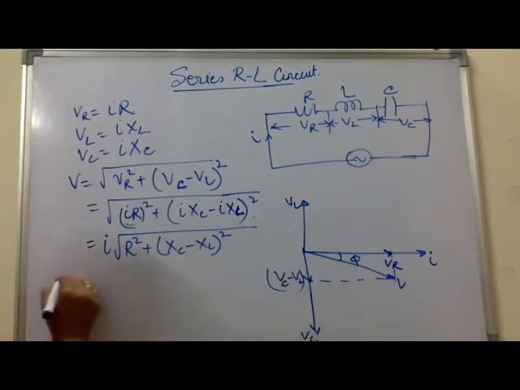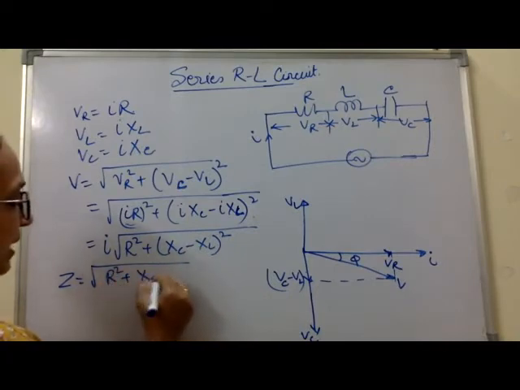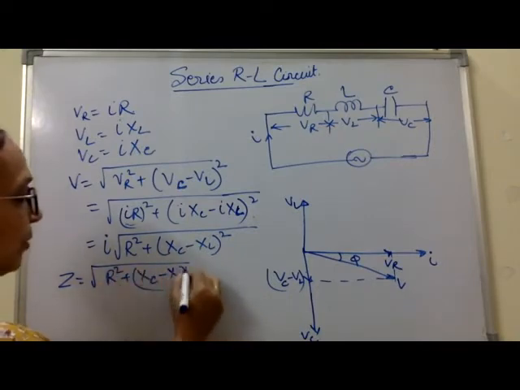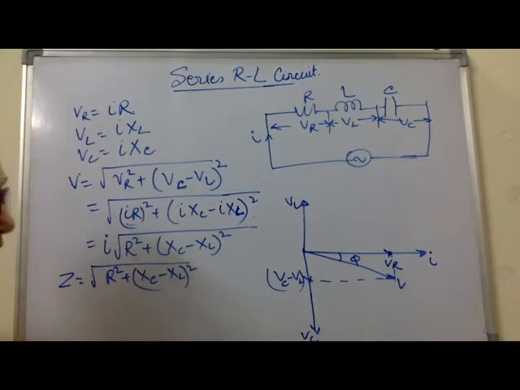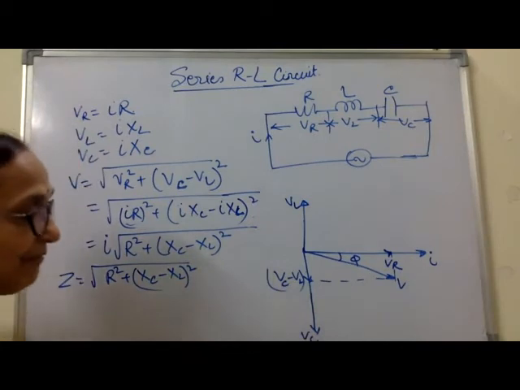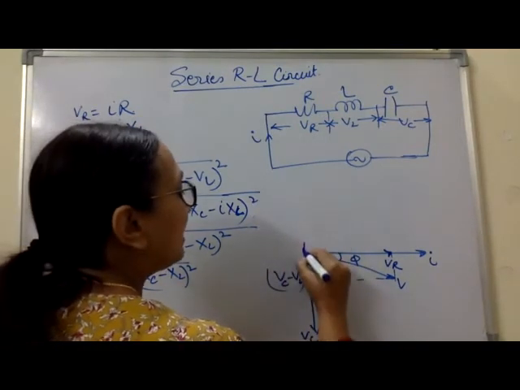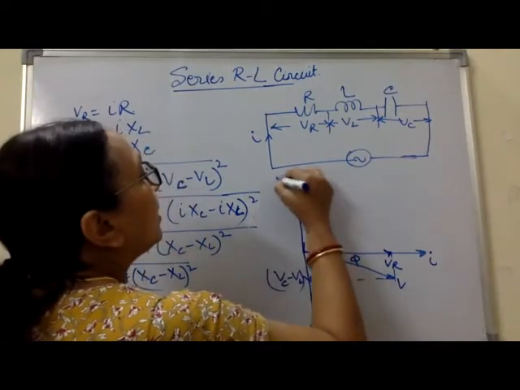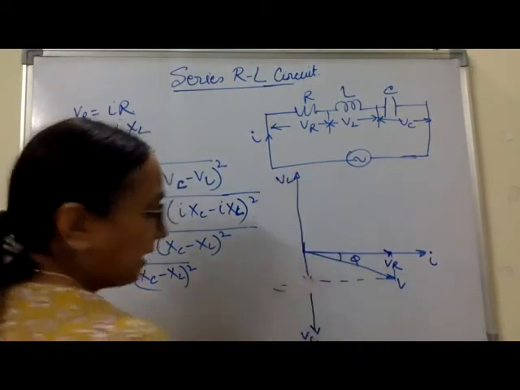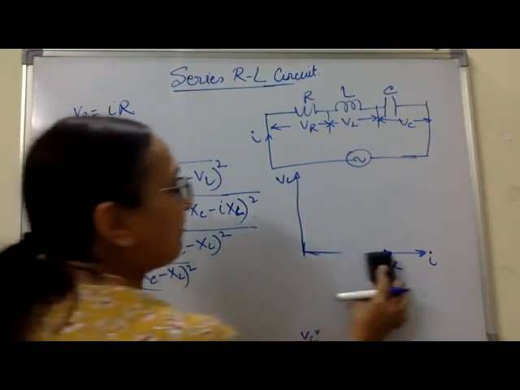So the resultant Z is the square root of R squared plus (XC minus XL) squared. If you say that your VL is greater than VC, that means you have got VL over here and your VC is less than VL.